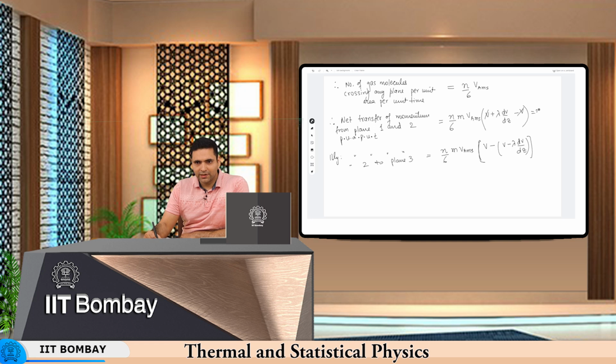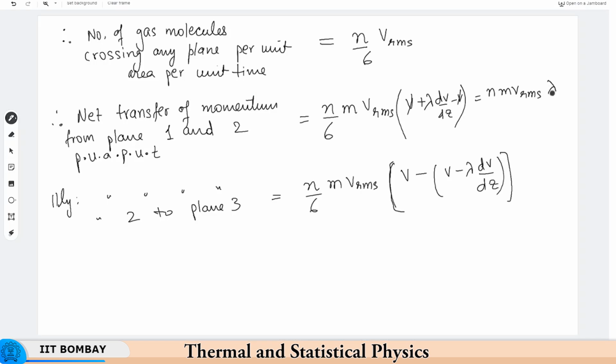So we have n by 6 m Vrms lambda, V plus lambda dV by dz minus V. So V cancels out, and we have n m Vrms lambda dV by dz divided by 6.